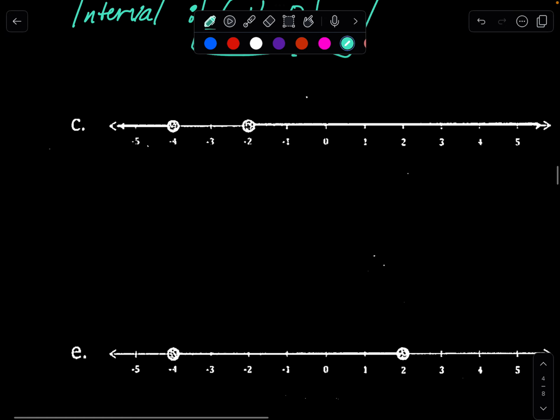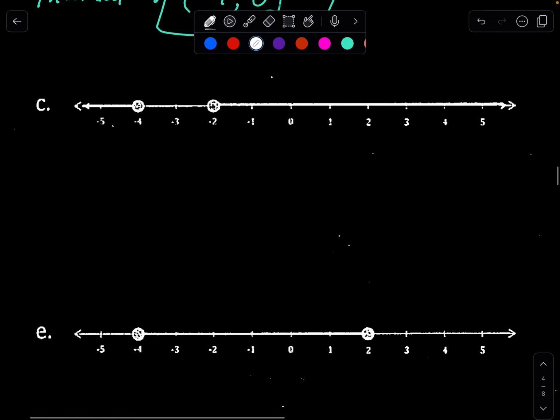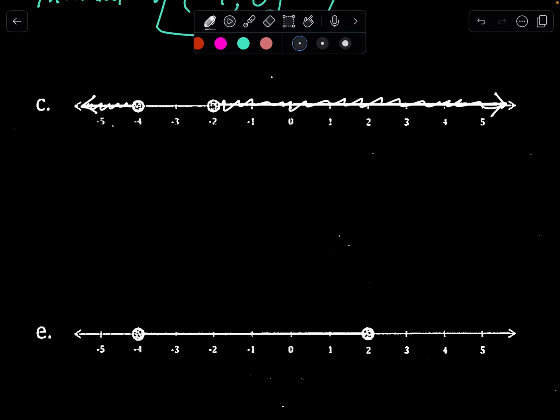Looks like the line's going out on this one again. Let me redraw them a little bit better. I hate it when it does that. They're a little bit easier to see.